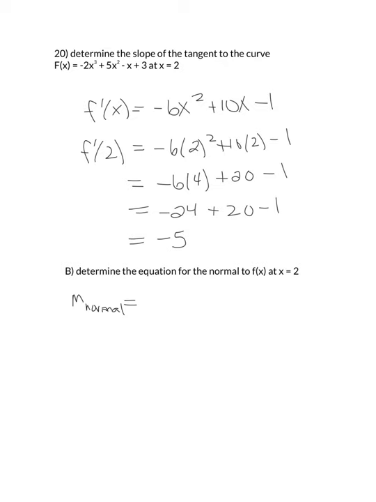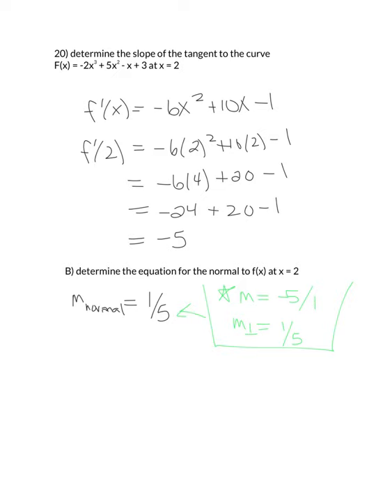So instead of negative 5, it's going to be 1 over 5. If you don't know why, m is equal to negative 5, so m perp is going to be the flip of this and the opposite sign. That explains how I got this.